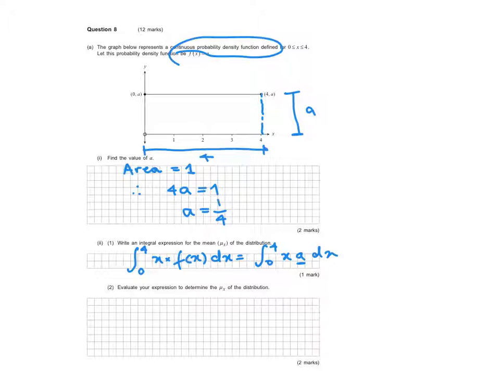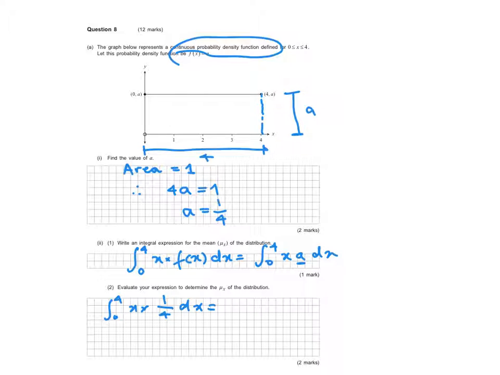Next, evaluate your expression to find the mean of the distribution. So we have the integral from 0 to 4 of x times 1 over 4 dx.